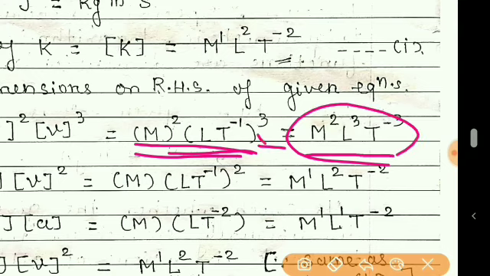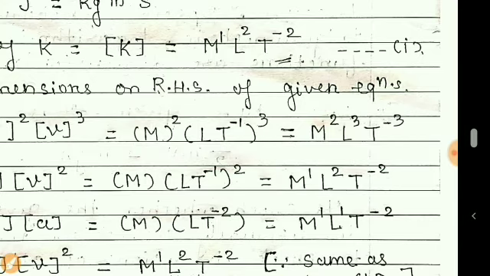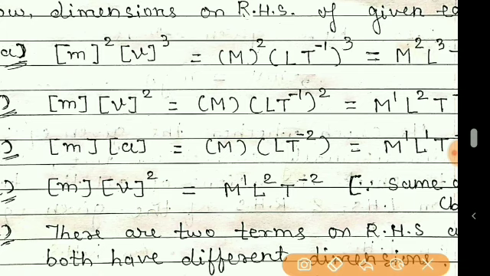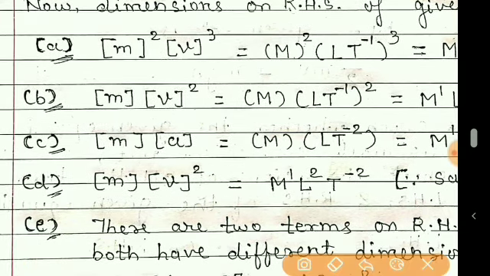Now I know there is no need for me to explain each and everything, because I have already explained these things to you. For the second equation, that is number B, it is given half mv square, and as I said, numbers do not have any dimension, so here I have not written that.